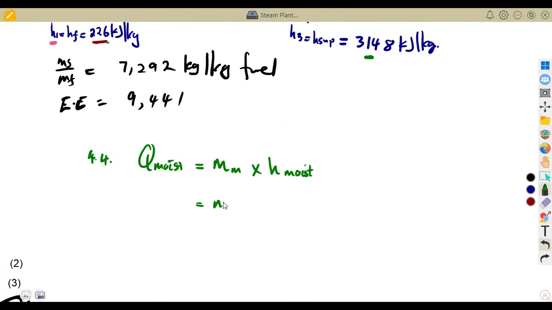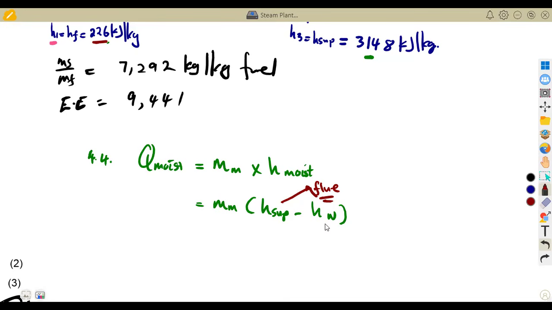So that's going to be the mass of moist flue gases times H sup minus H wet. Take note, guys, this is the part consisting of the flue. The H sup is affected since in the flue gases we are given the specific heat for the flue gases.